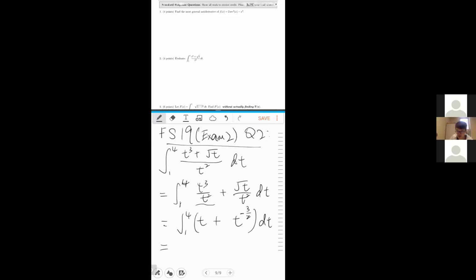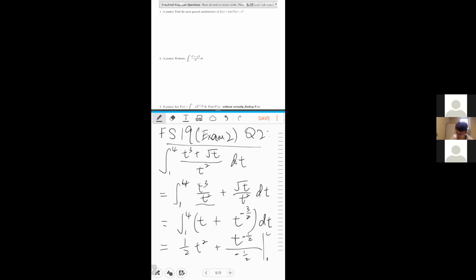What is the antiderivative of t? What is the function so that when you take the derivative, you get t? Yep, it's 1/2 times t squared plus, for the second, -3/2 plus 1 is -1/2, so t to the -1/2 divided by -1/2.